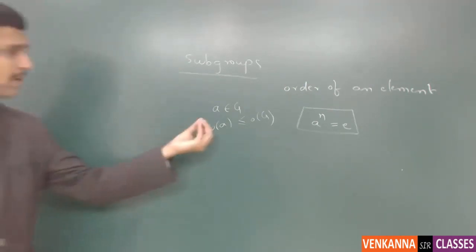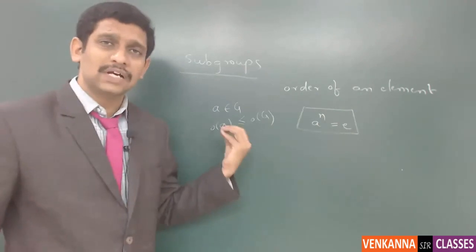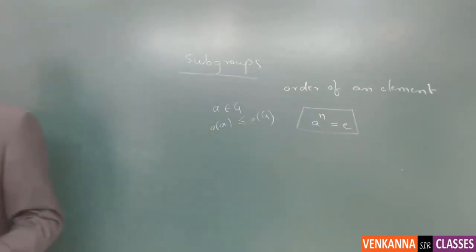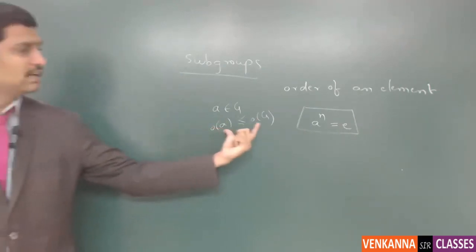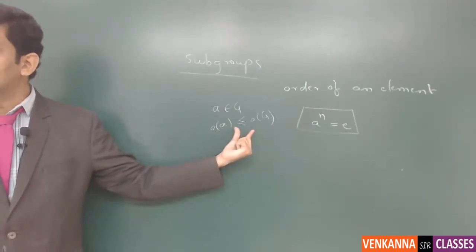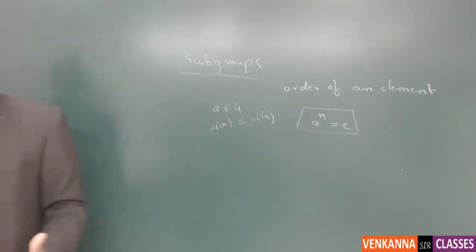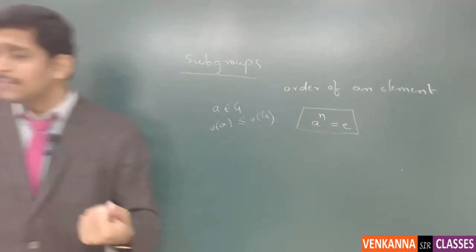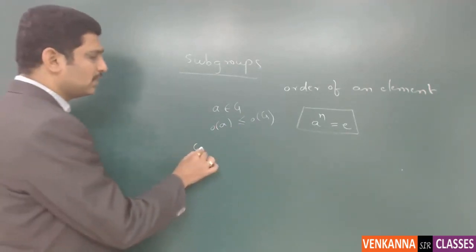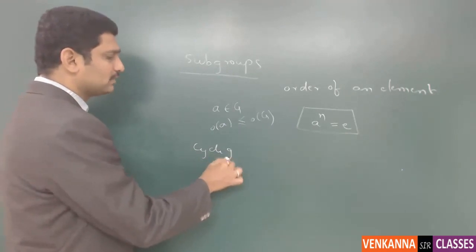So depending upon your need, you are going to discover what is the order of a particular element. That's it. But this is the standard. Whether you take the finite one or infinite one, order of the element is always less than or equal to order of the group. Yes, order of an element can be infinite because you are going to study one concept, that is cyclic groups.